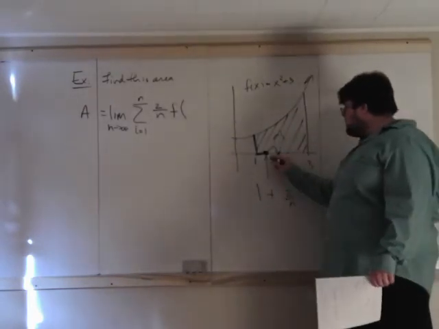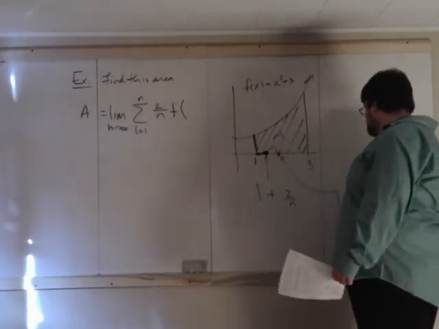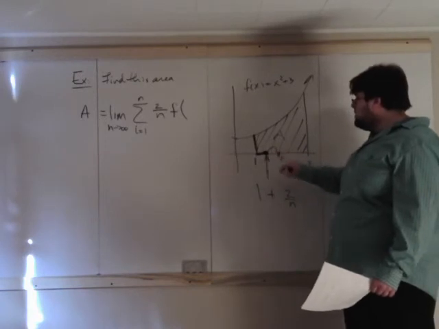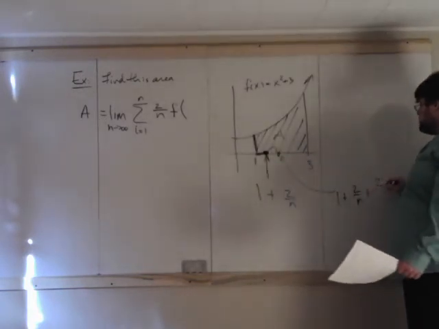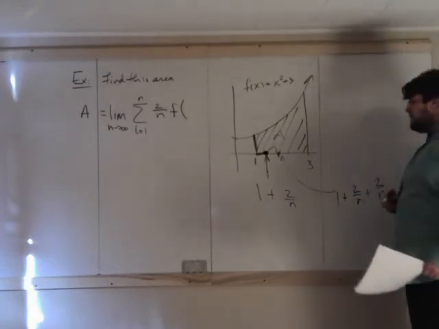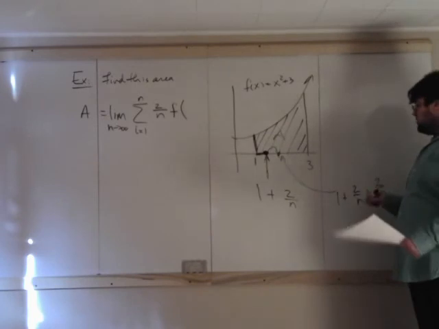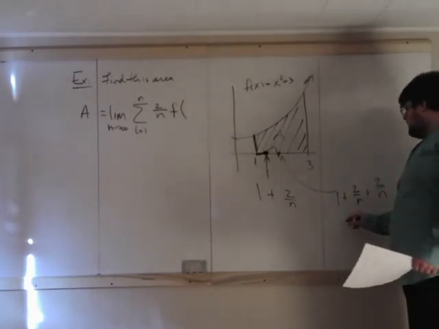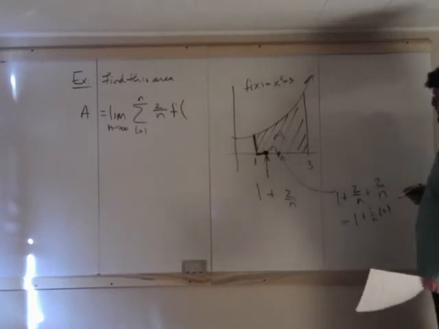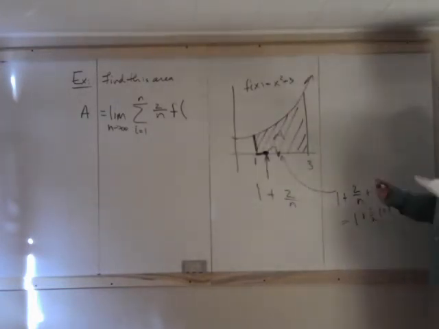Well, we start at this one and we move over another 2 over n. We start at 1 plus 2 over n, and we move over an additional 2 over n. In other words, we go over 2 over n twice.